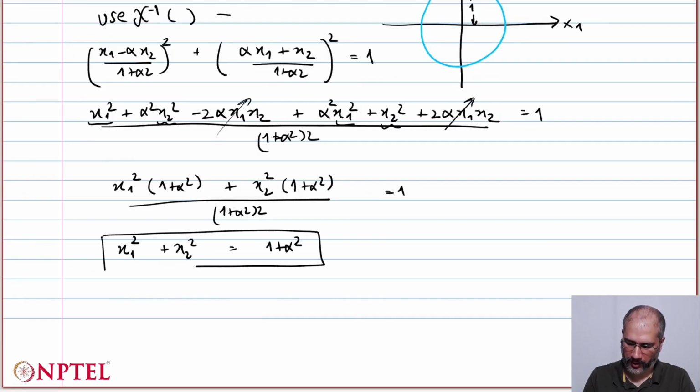And that is exactly what we had to show. This indeed is a circle with a radius of square root of 1 plus alpha squared. So in the deformed configuration, the circle remains a circle, but the radius increases. So this completes the solution.